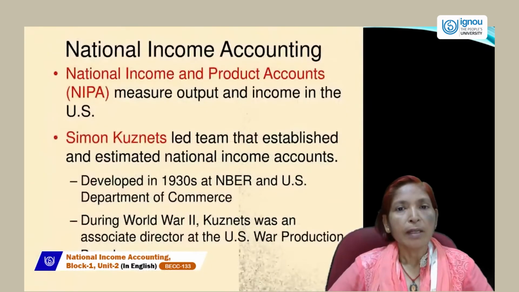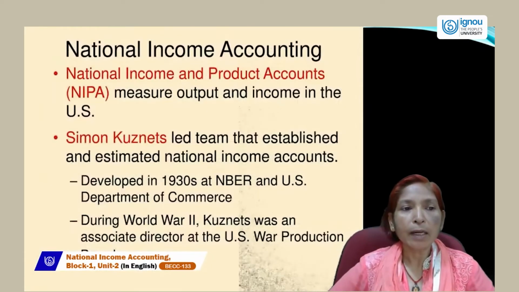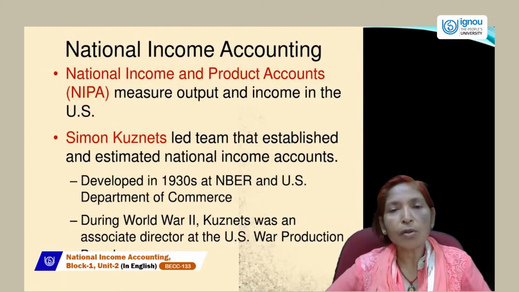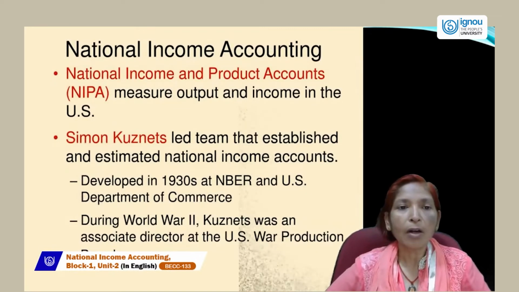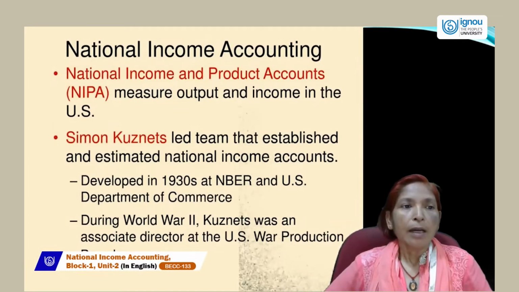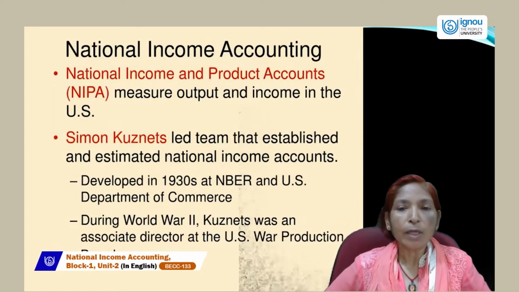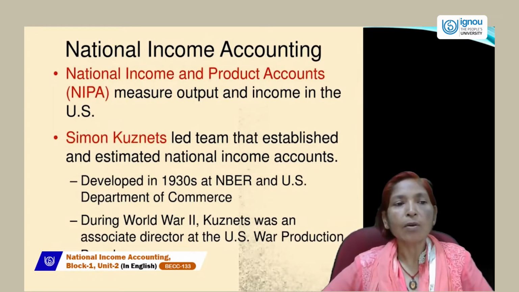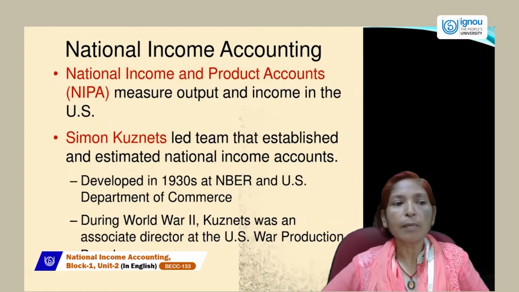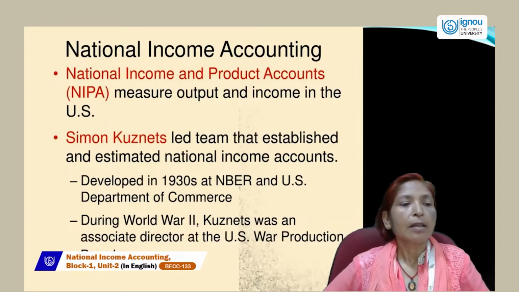Next is national income accounting and product accounts. It measures the output and income in the economy. According to national income accounting, the national income and product account measures output and income in the US.